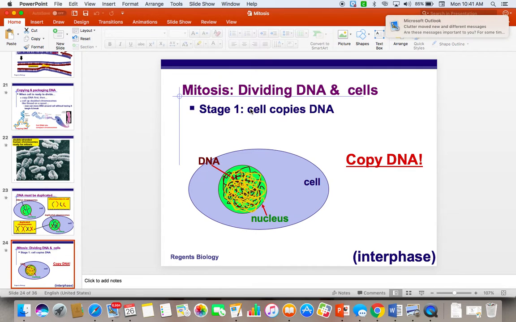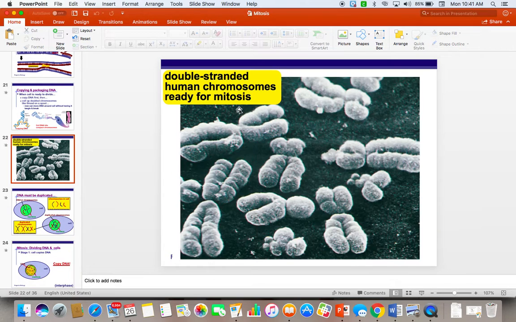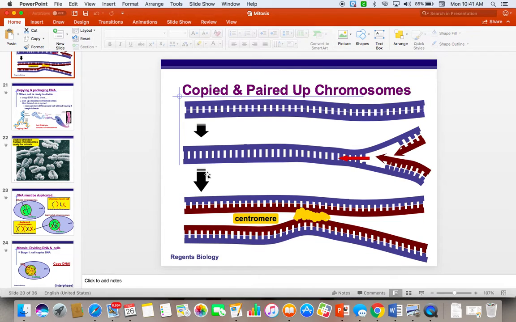We have G1, and then we have S, and then we have G2. Remember, G stands for grow. So in G1 we grow. S stands for synthesis, and that's when we make more DNA. So that's when we make these double chromosomes. So during S phase, we go from singles to doubles, okay?